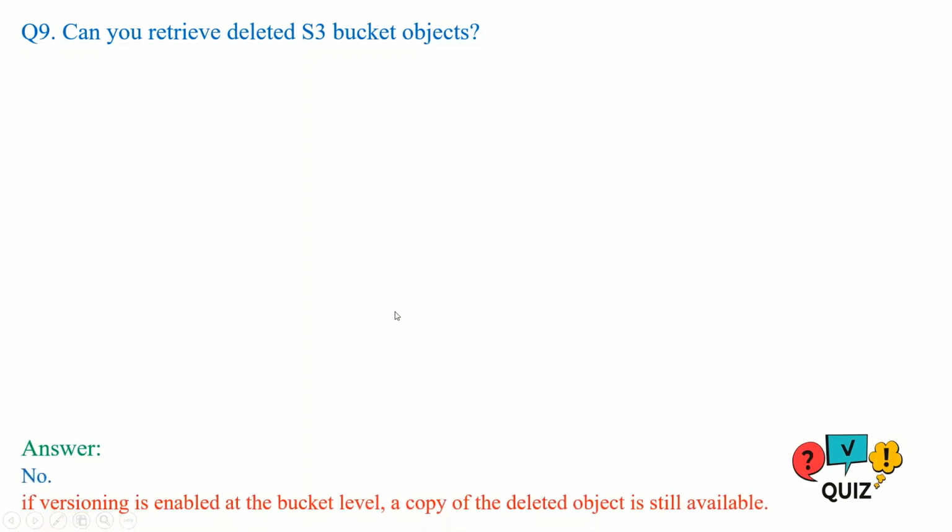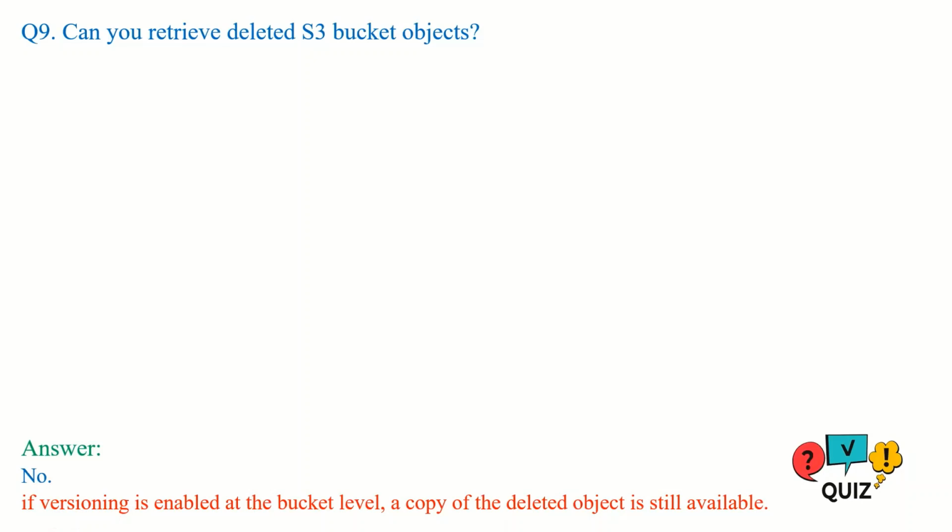You can retrieve the deleted objects if versioning is enabled at the bucket level. A copy of the deleted object is still available, so you will have the copy of the object that you already deleted.